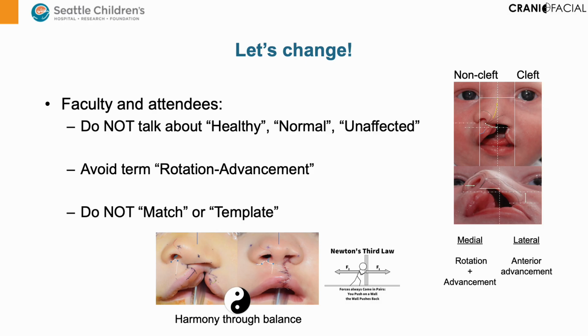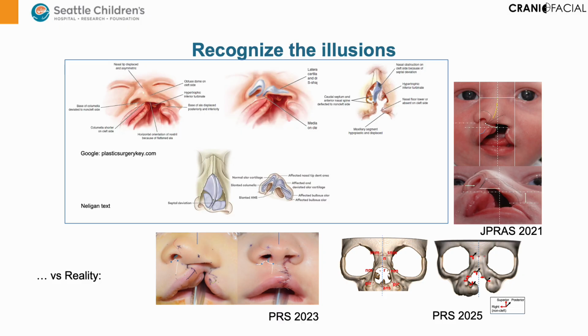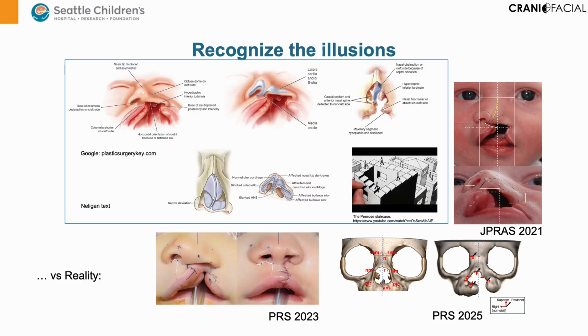And let's not talk or think about matching or templating the cleft side to the non-cleft side, and instead recognize that Newton's third law does apply in this situation somewhat, and that we ought to be focusing on how to produce harmony through balance. Let's recognize that there are some illusions that differ from reality, and that illustrations can introduce some inaccuracies that don't reflect reality.